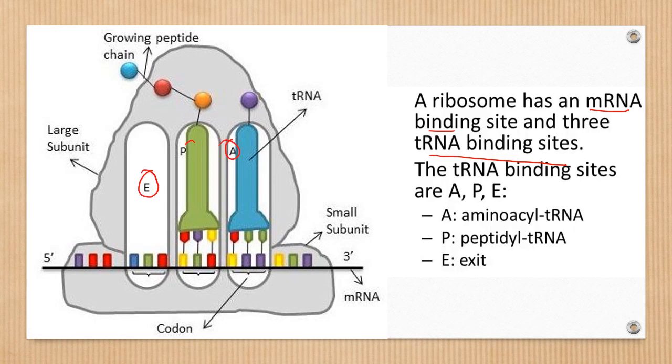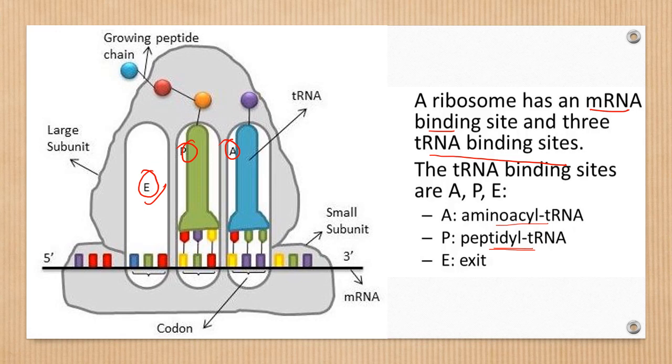The A site consists of aminoacyl tRNA, that means a new amino acid comes onto the A site. And the P site holds the peptidyl tRNA.